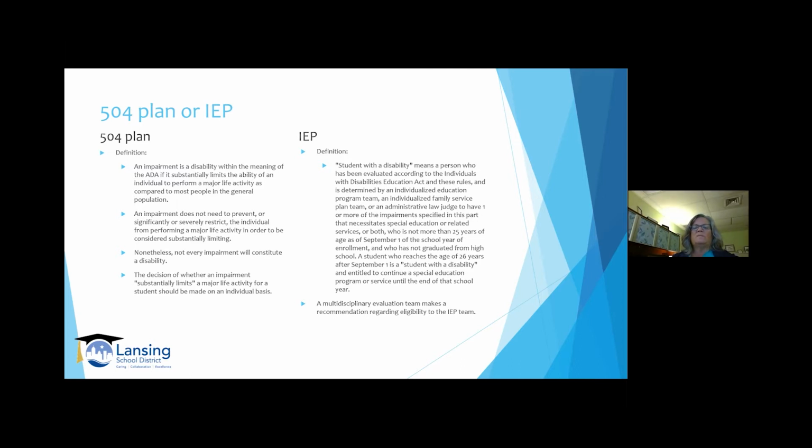And it's determined by an individualized education program team, or an IEP team, of which the parent is a very critical member of that team. An individualized family service plan team, so an IFSP, and those are for the little ones, our youngest learners that are from 0 to age 3.